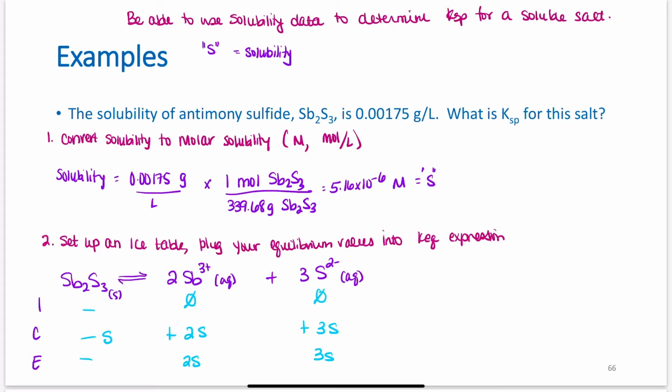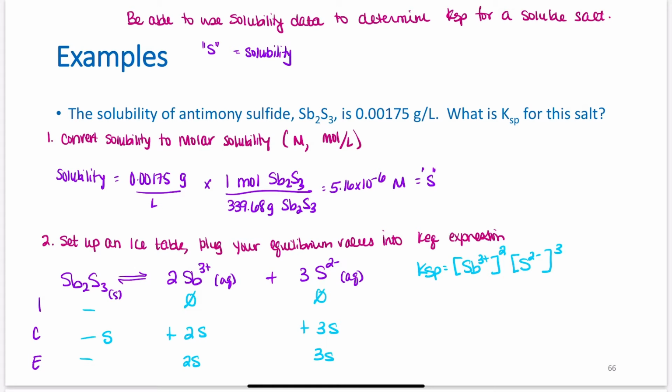Set up your Ksp expression. Ksp is equal to Sb3+ squared times S2- cubed. Plug in your values into that.